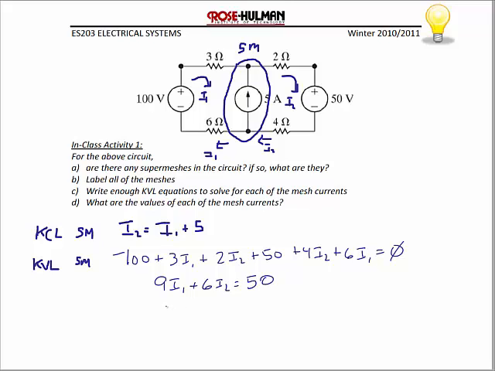Solving this system of equations yields I1 is equal to 4 over 3 amps, and I2 is equal to 19 over 3 amps.